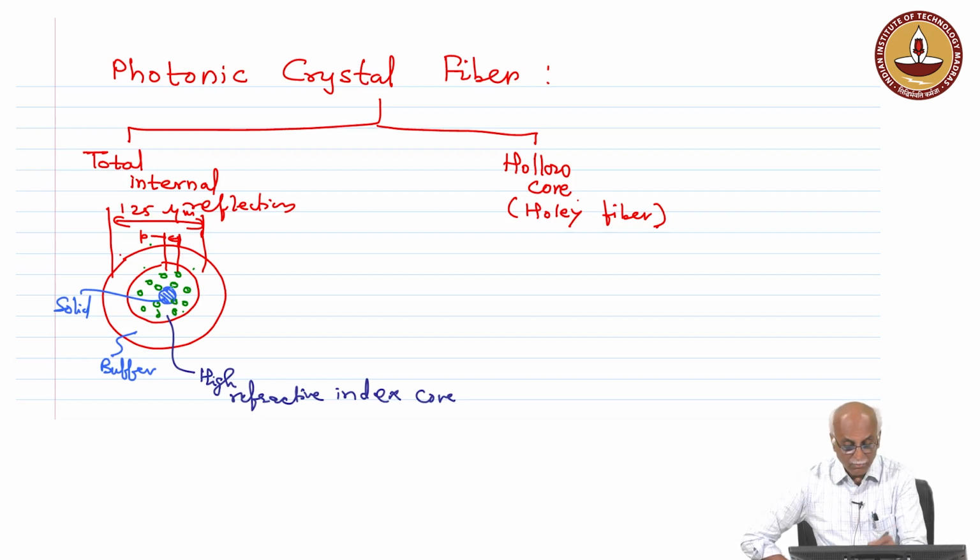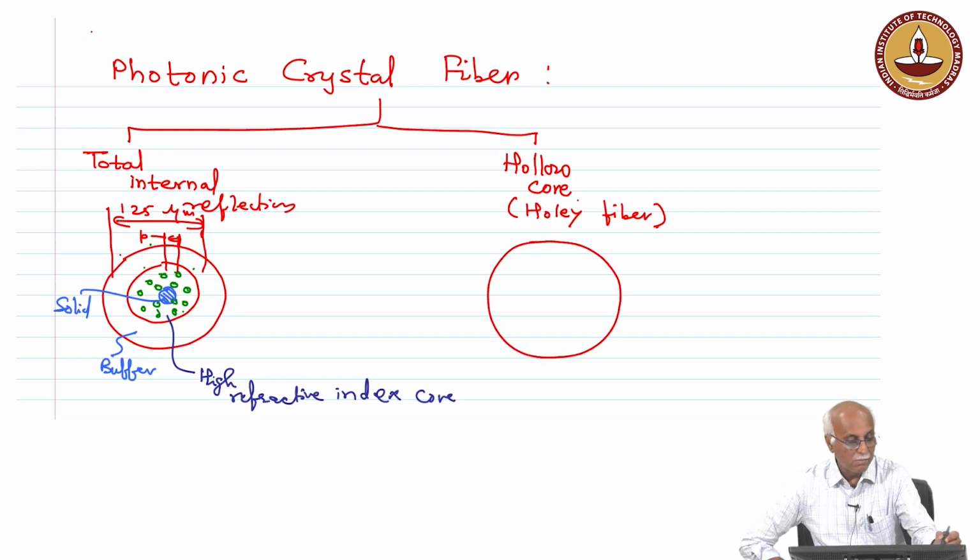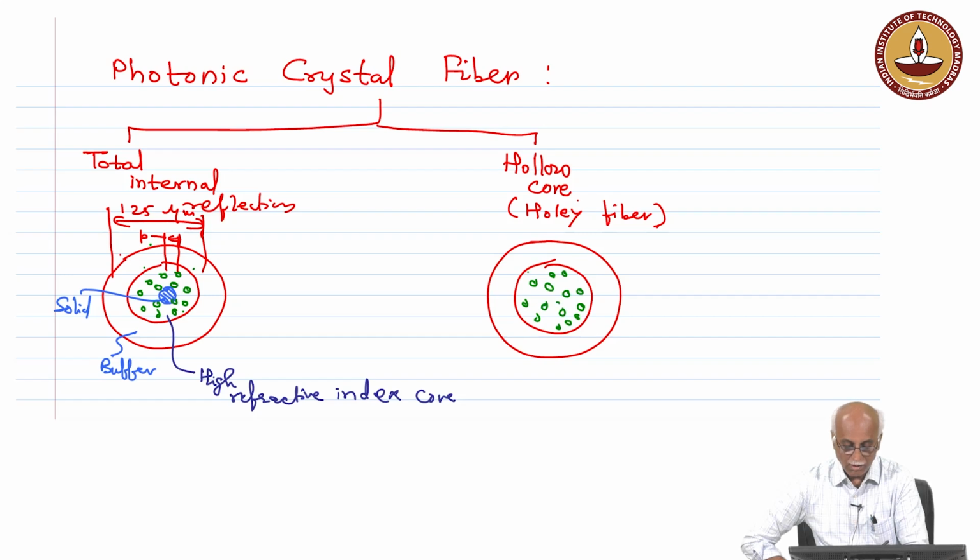The other type of photonic crystal fiber is the hollow core, hollow with a hole, not solid like this. So, the configuration almost remains the same as described here, but the center part is hollow.